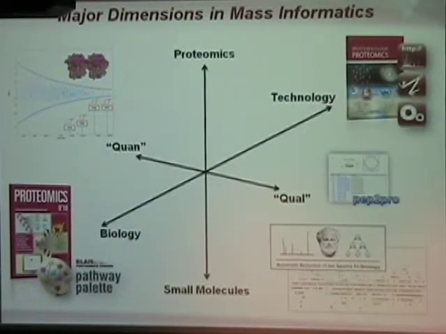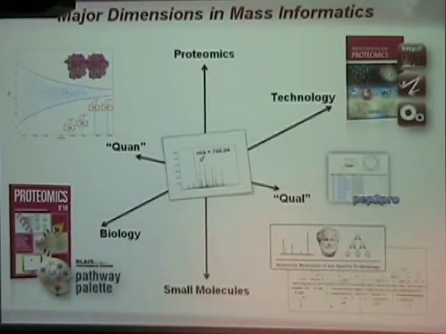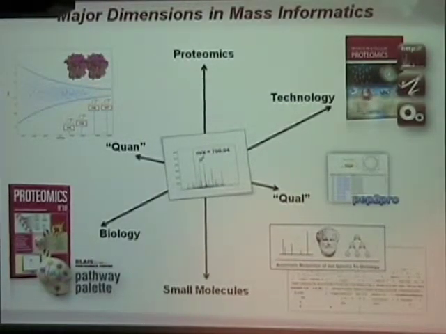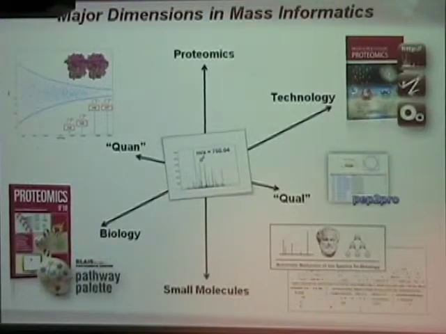So there's a large diversity of things you could be doing, but at the center of these is always spectra. And that's the message, if there is any here, is that when you're looking at spectra from the perspective of doing all of these things, you get a slightly different computational flavor. And I'll try and show some examples of that.